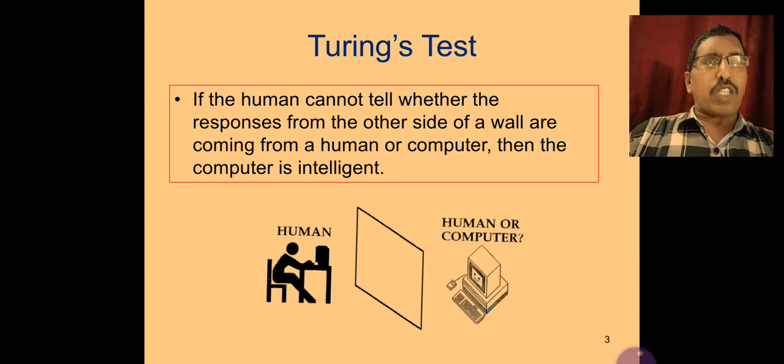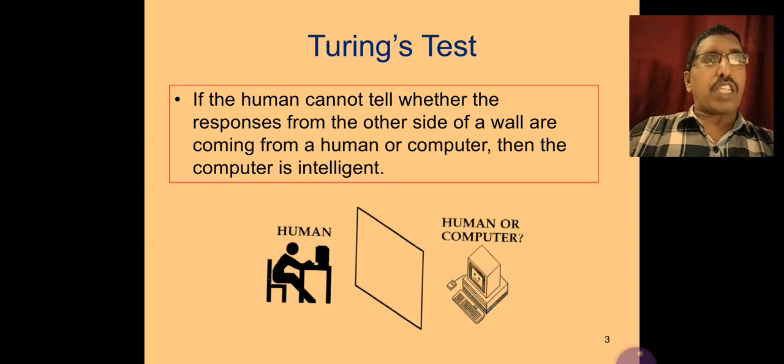Suppose the man is not informed whether the object on the other side of the wall is a computer or a human being. He thinks the one sitting on the other side is either a man or a computer.